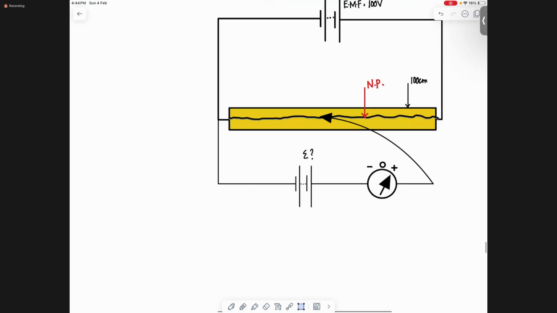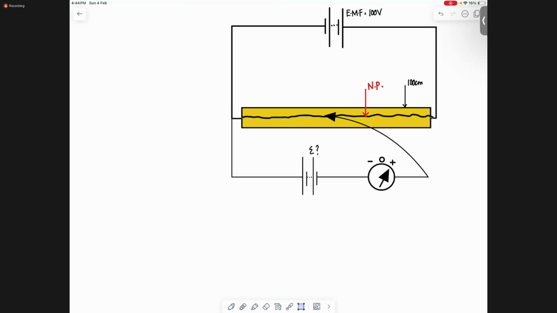One thing to watch out for: what if the battery is like this? Will there be a null point? No, never. Because then the current here goes this way, and the current there also goes this way. We get a null point when this current tries to come this way and that current goes the opposite way. But if I reverse my battery, the current comes this way and keeps going, and the other current also goes on, so they don't really cancel each other out.